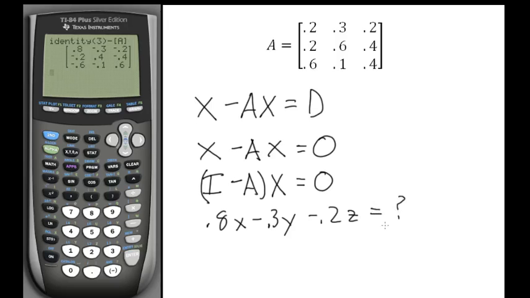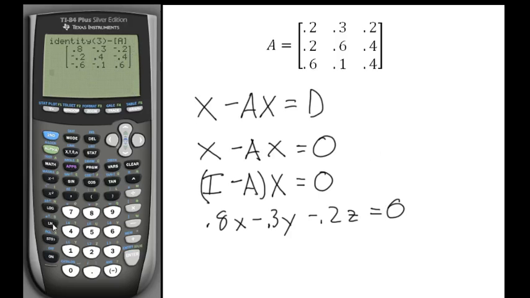To solve this linear system, we need what it's equal to, and we can use the equation above. We see that it should be equal to 0. So we want to add a column of zeros, because each of these equations should equal 0.